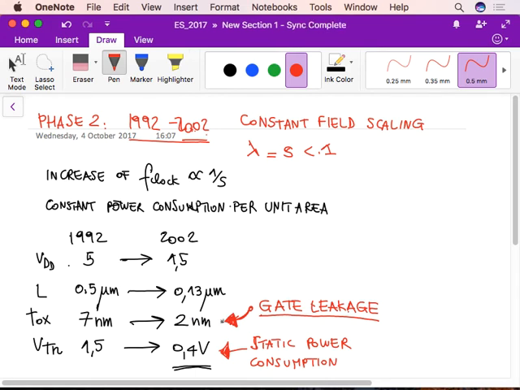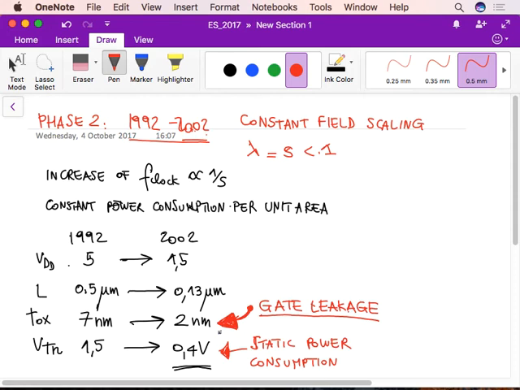So this is the reason why the type of oxide for the gate dielectric was changed from silicon oxide to other materials, because the other materials had a higher dielectric constant and could allow a thicker oxide, and therefore one could reduce the problem of gate leakage.